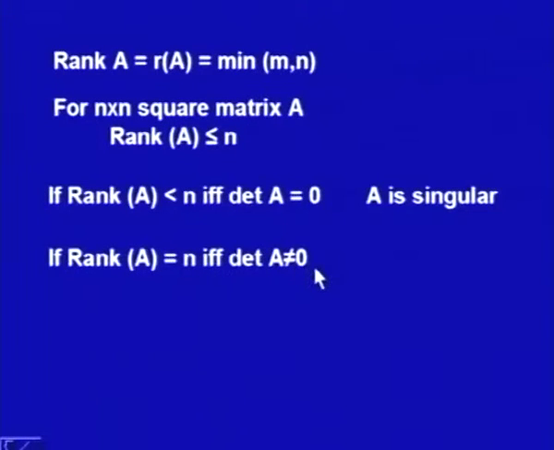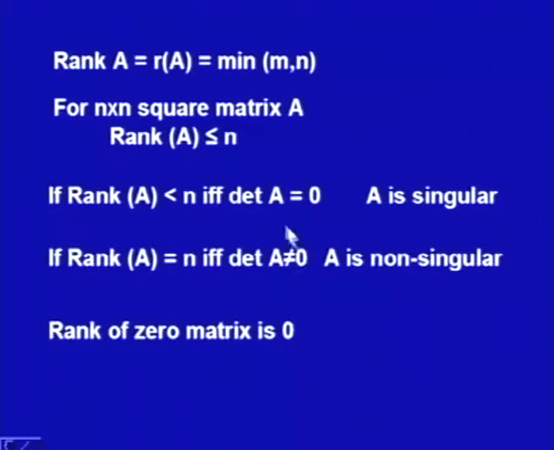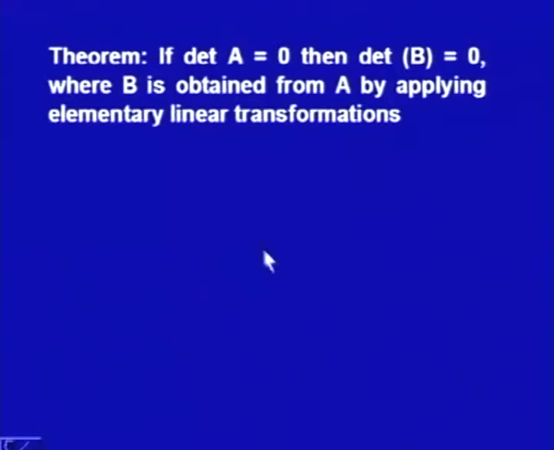Again, this is from the definition, and this now becomes the definition for a non-singular matrix A. So, we say A is non-singular if its determinant is non-zero. Further, one can observe that the rank of a 0 matrix is 0, because in that case all determinants of order 1 will be 0.